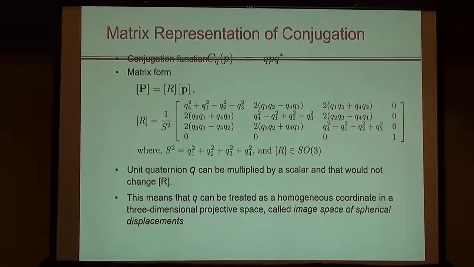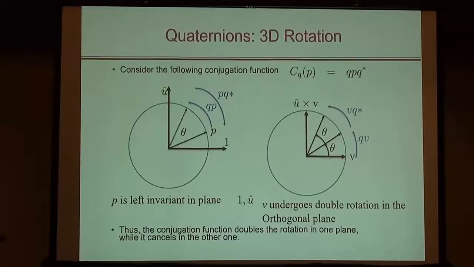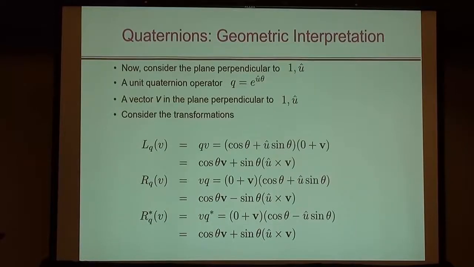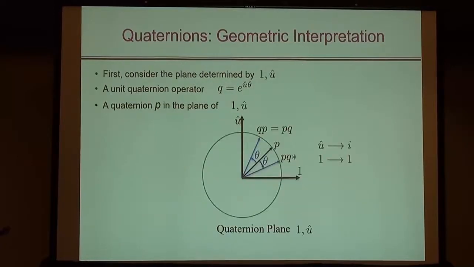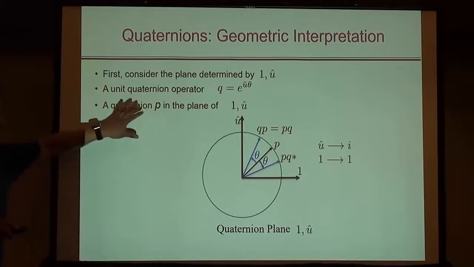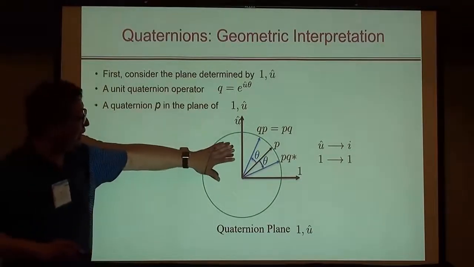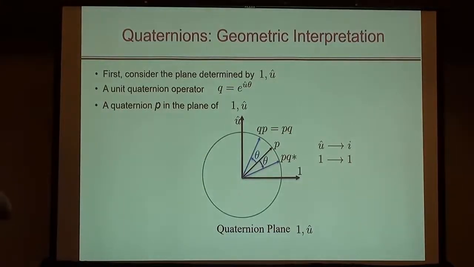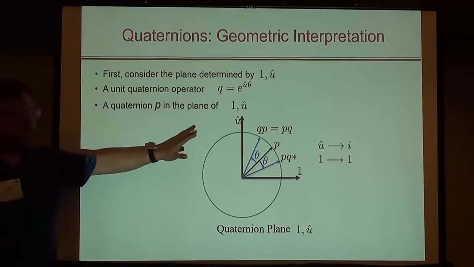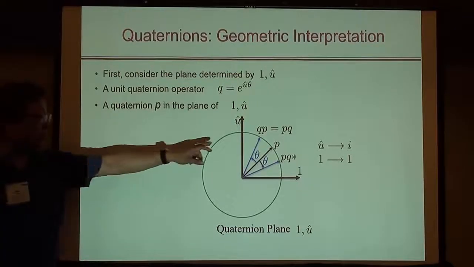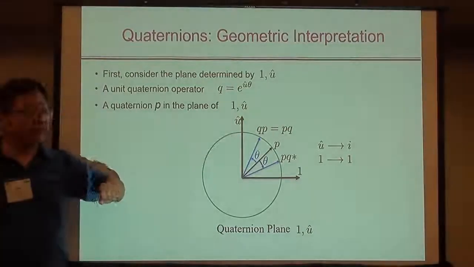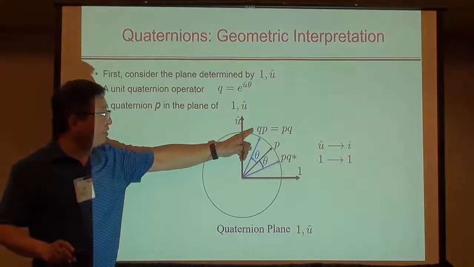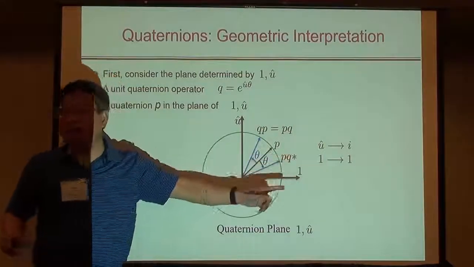Where are my slides? Okay, so when you want to rotate a vector in 3D space using Quaternions, we all know the formula. Let's say P is a vector and Q is a unit Quaternion. The formula is Q P Q conjugate, right?